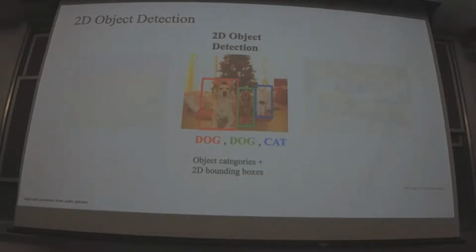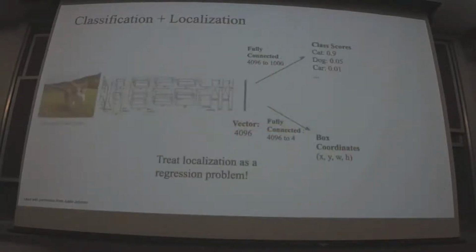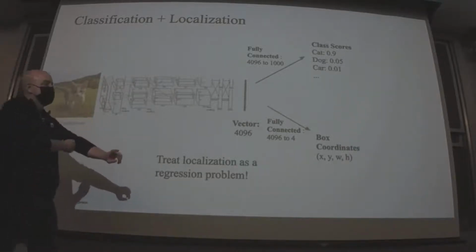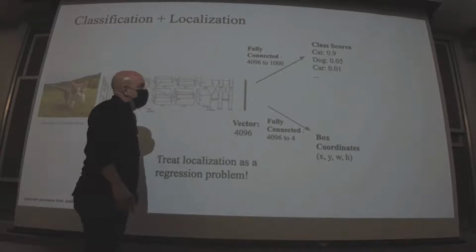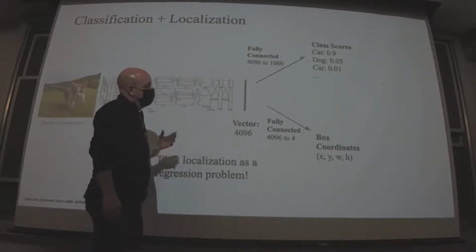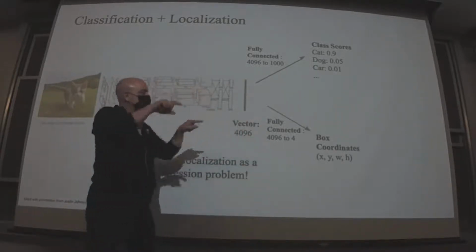So that means drawing bounding boxes around objects, and then saying what object is within that bounding box. It's almost classification again, except we need to produce the coordinates for the box.